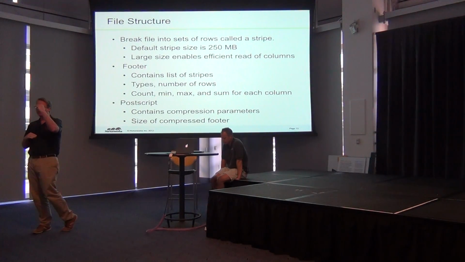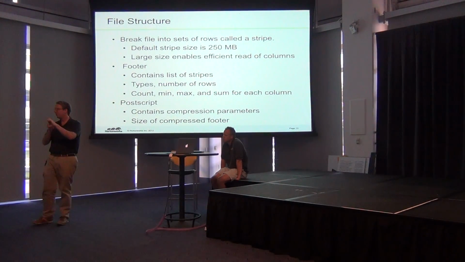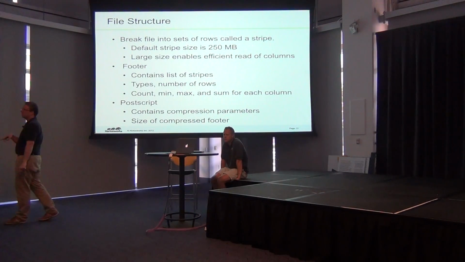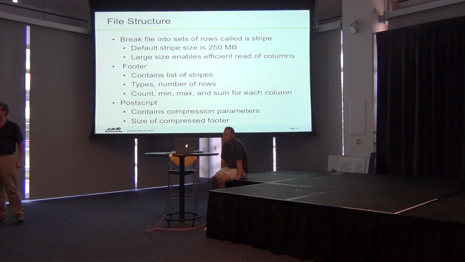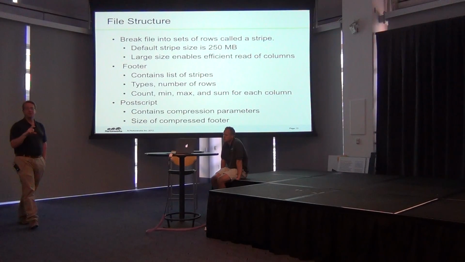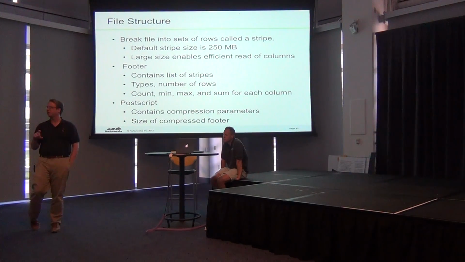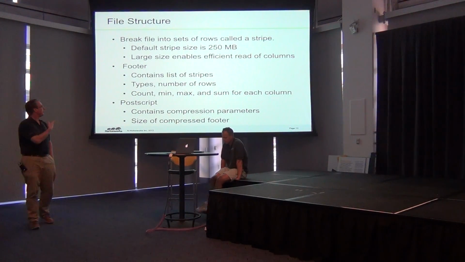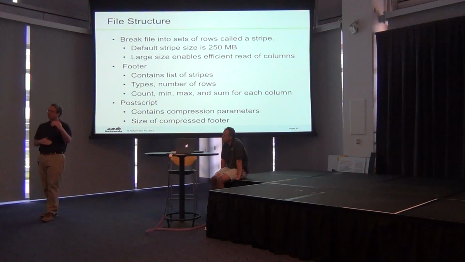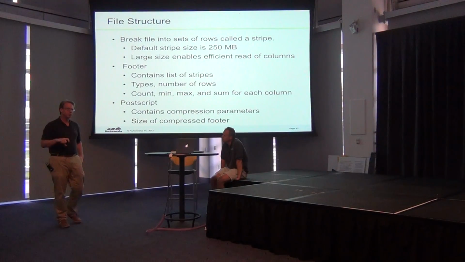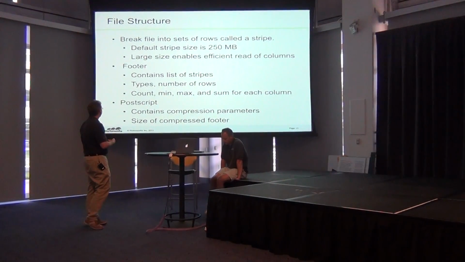And if you have 4 MB, which is what our RC file has, then if you've got 100 columns, each of those columns is only 40K. That's a very small read for a normal file system and a tiny read for HDFS. If you've got 256 MB for the size of your stripe, then you're reading 2 meg for each of those columns, so you get much better throughput.